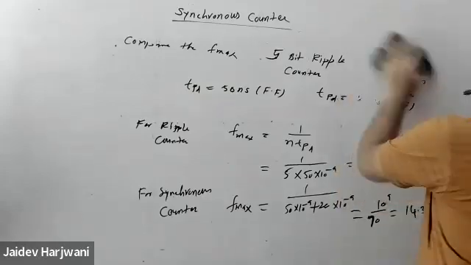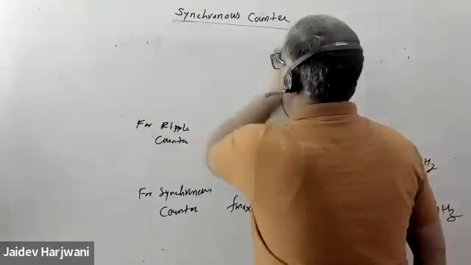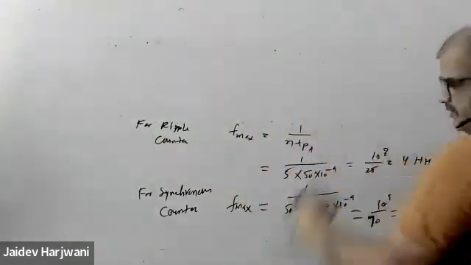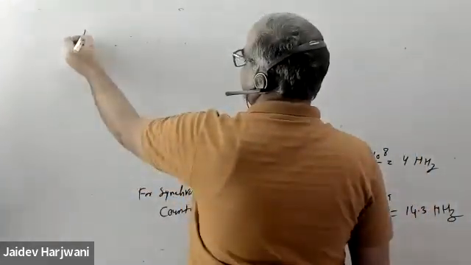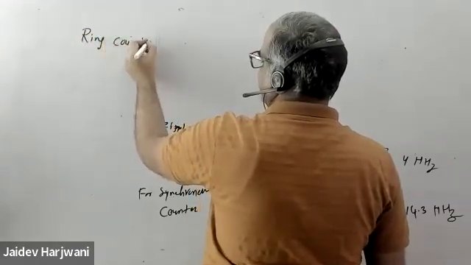So this was one of the differences between synchronous counter and ripple counter. Now there are two small counters remaining: one is called ring counter and the other twisted ring counter.